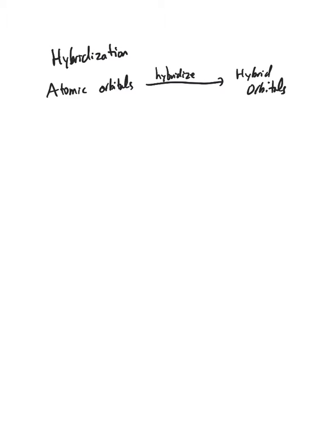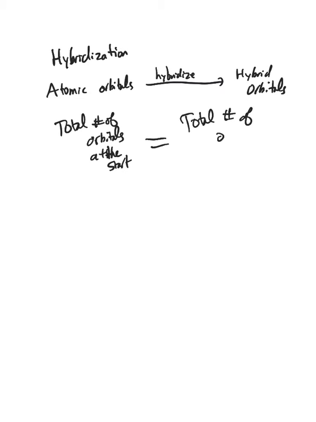One thing to keep in mind is the total number of orbitals at the start has to equal the total number of orbitals when we're finished. The fancy way of saying that is that the number of orbitals is conserved.